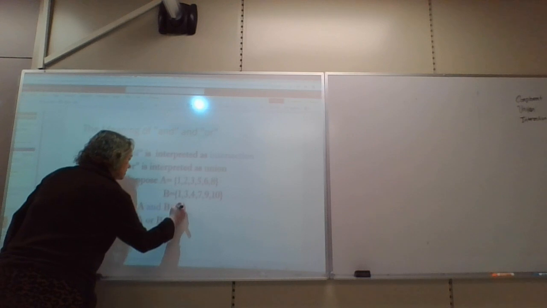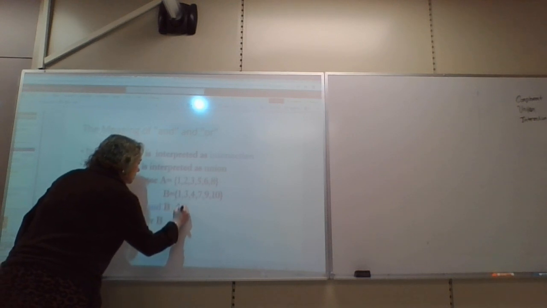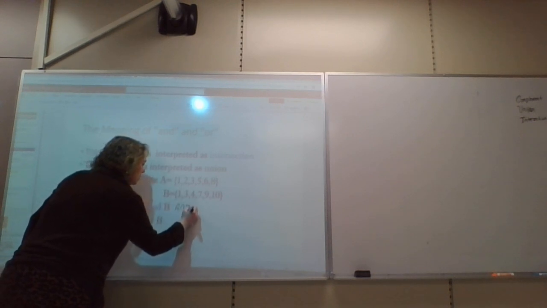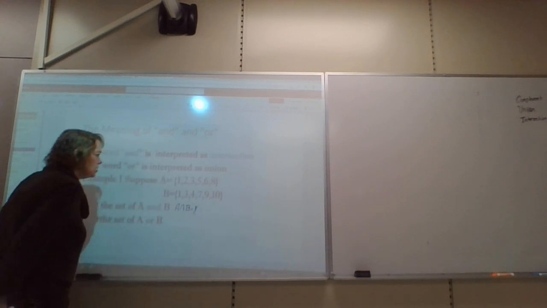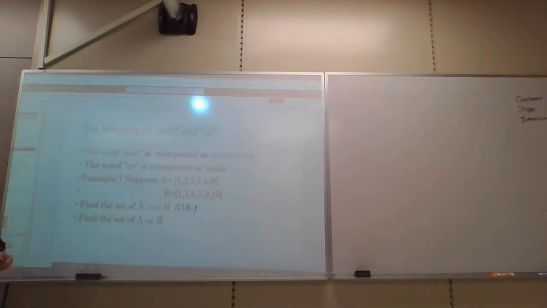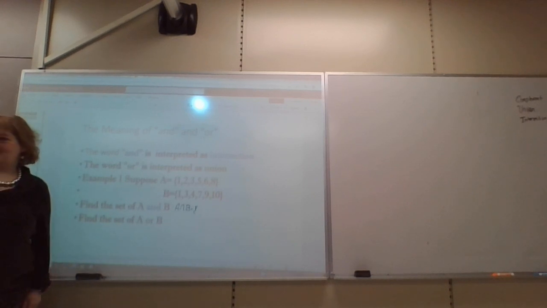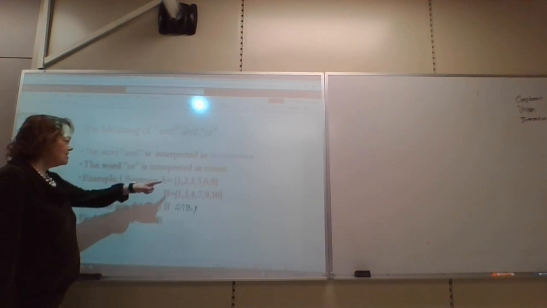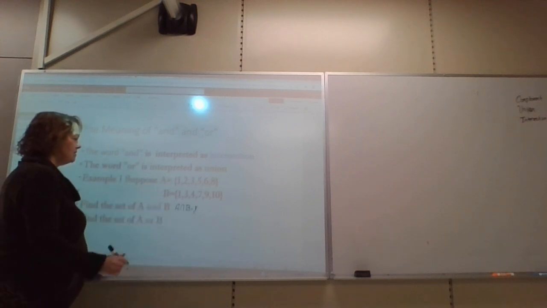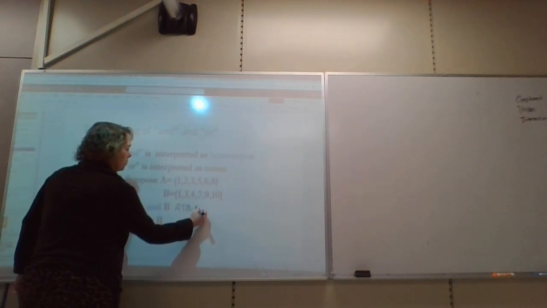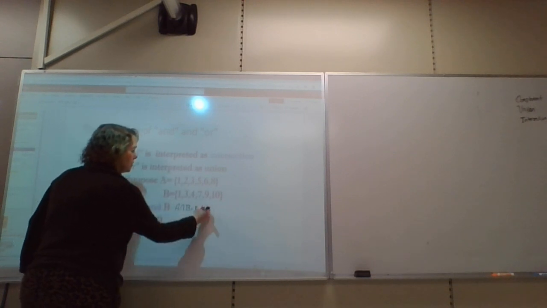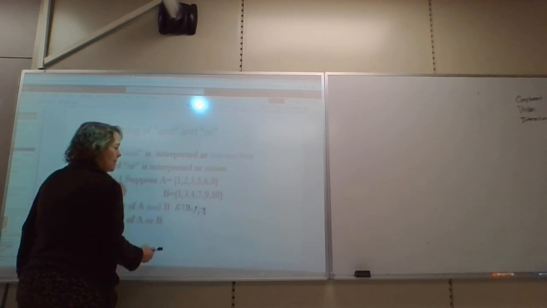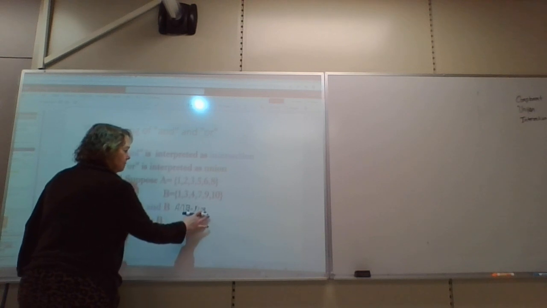So I'm talking about A intersect B. The intersection means what they have in common. So what do A and B have in common? 1, 3. It looks like that's about it.